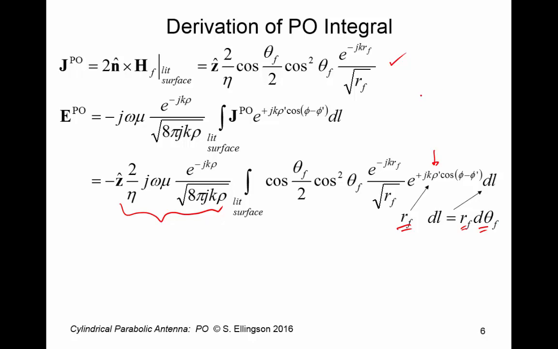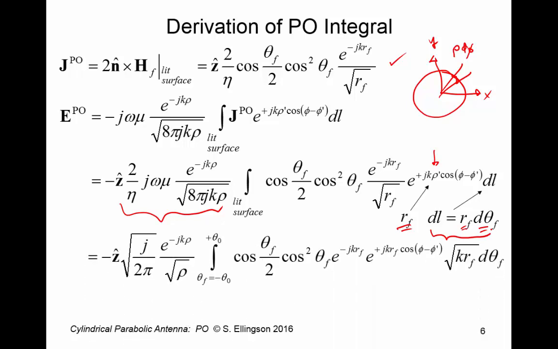Now the way to think about this is that distance along a circle, x, y, arc length along here is rho d phi. So this is just rho d phi in the current coordinate system geometry.